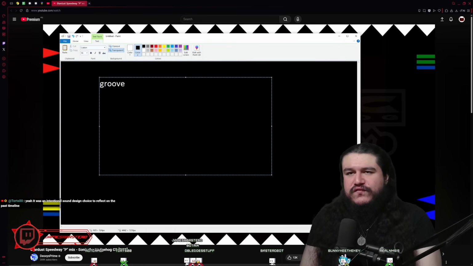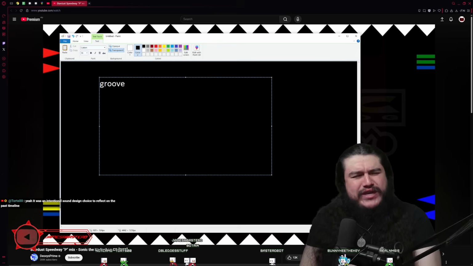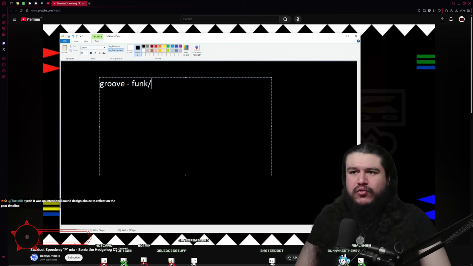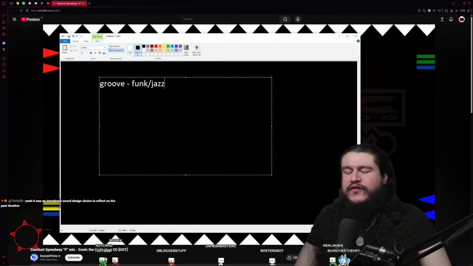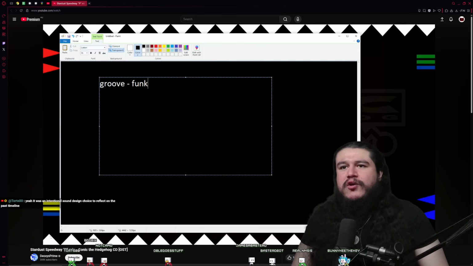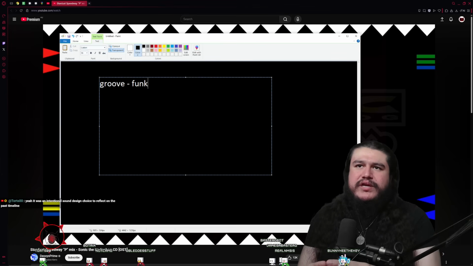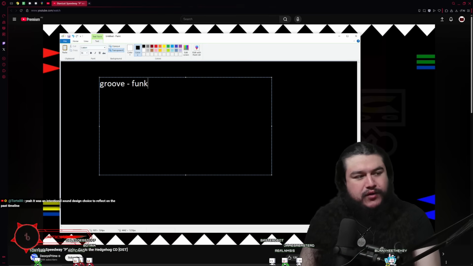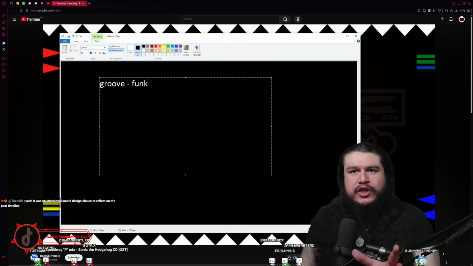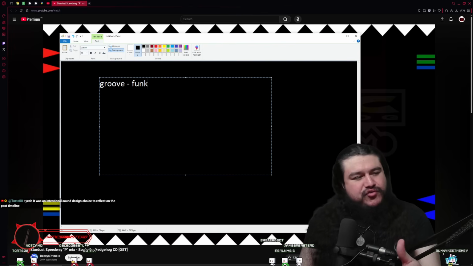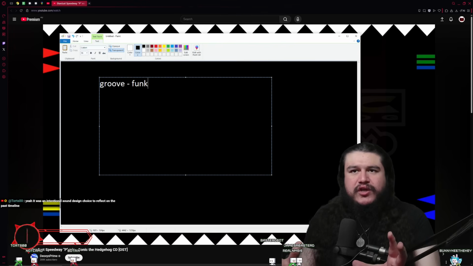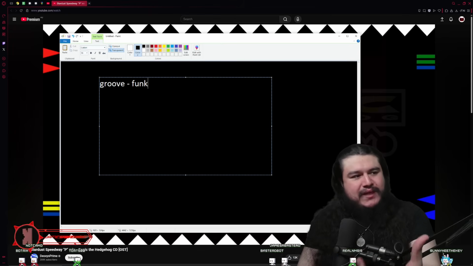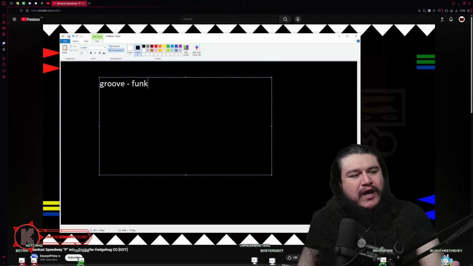Groove is a very, very weird thing that happens particularly in funk or jazz sometimes, mostly funk, where every single instrument is doing something different. Something so different that if you were to isolate any of the individual parts, unless you already knew that these were all doing the same piece, you would have a difficult time telling that they are.